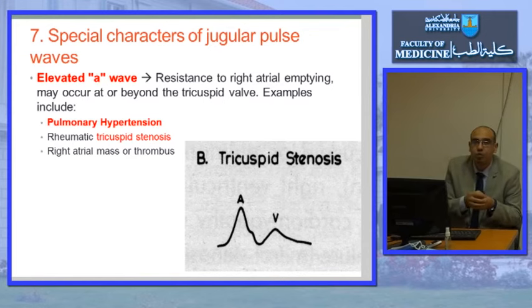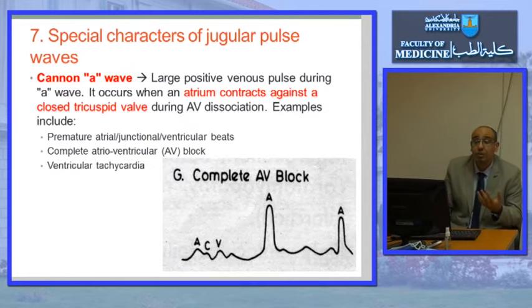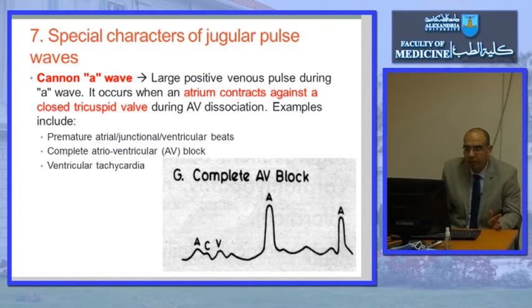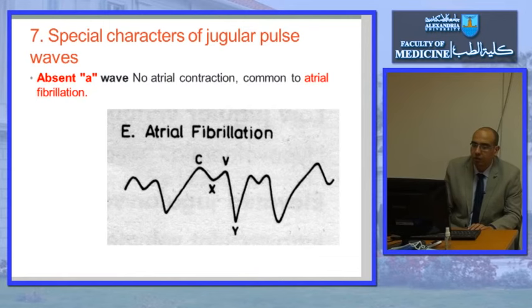It will need more atrial contraction, so this will elevate the A wave. Cannon A wave, it is like a cannonball. It means a very strong atrial contraction. The atria contract against a tricuspid valve that is completely closed, like in cases of AV block and ventricular tachycardia.